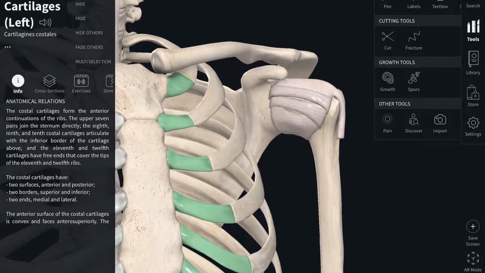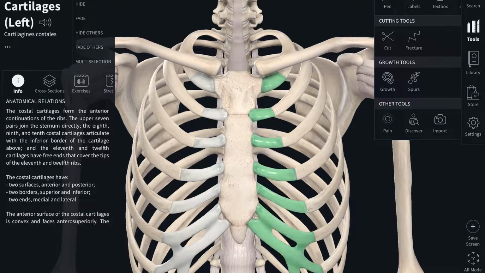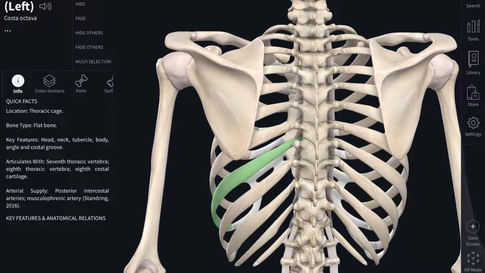So let's rotate so you can see it from the front. Now, ribs 8 to 10 are false ribs. They articulate via a shared costal cartilage that merges into one attachment at the sternum. So 8, 9, and 10.